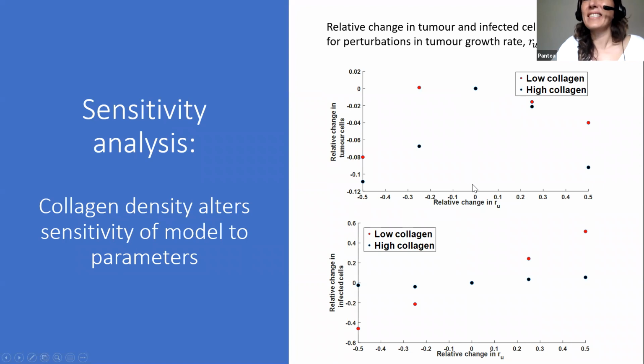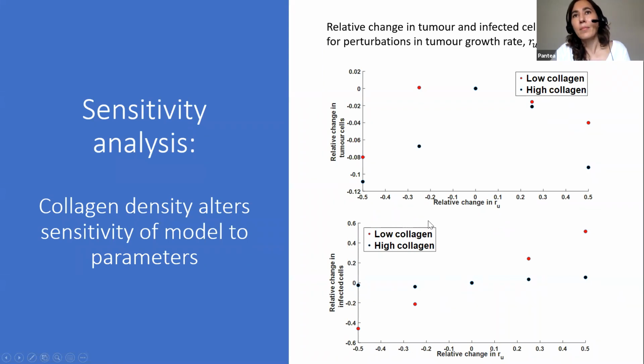Yeah, so what we see here is that if we perturb away to the left, to lower values of tumor growth rate, our results change. The results of tumor cells change. And, somewhat unintuitively, if we increase the growth rate, the tumor also responds to treatment better.